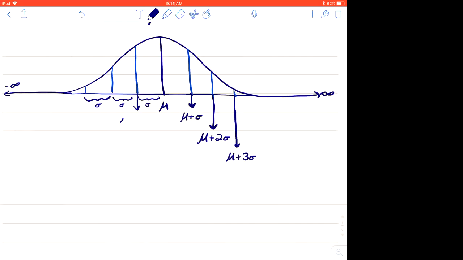We've moved out to mu minus sigma, right? We moved down 1 sigma amount from mu. And we've moved to mu minus 2 sigma. And finally to mu minus 3 sigma.